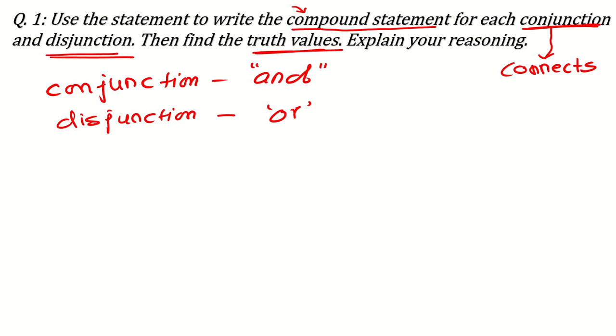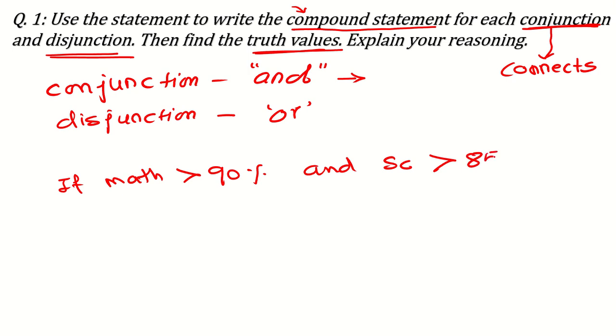Okay, now it is very much clear. If you are using the word and, for example, you will get admission in UAE University if your marks in math is more than 90% and in science it is more than 85%. Okay, so you see here I am using the word and.